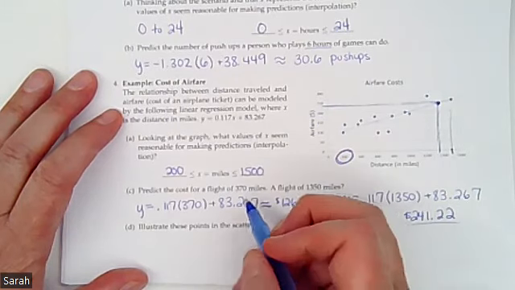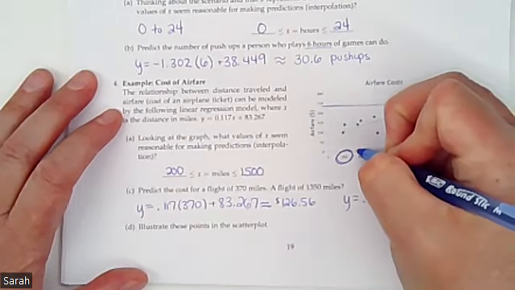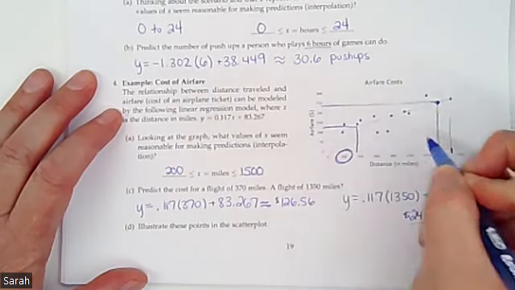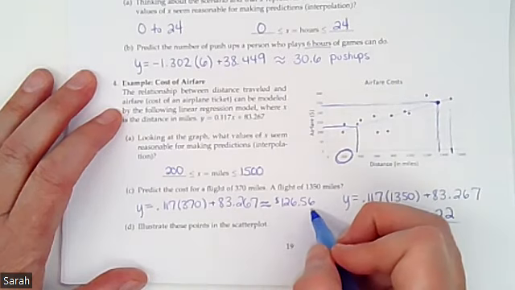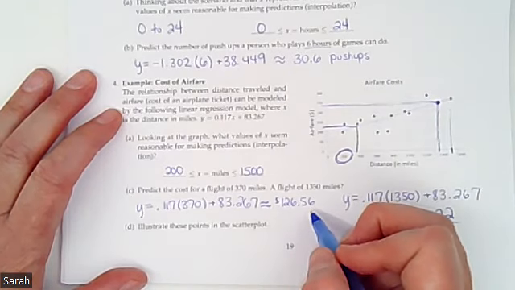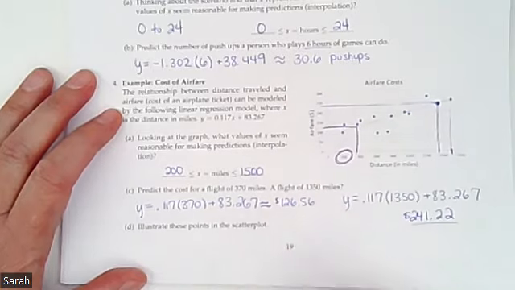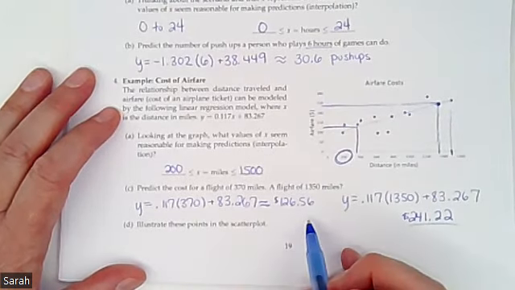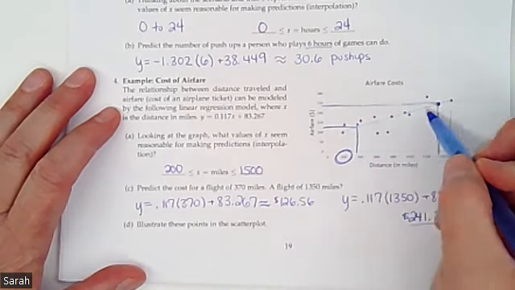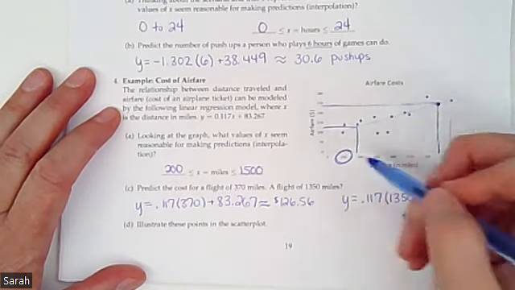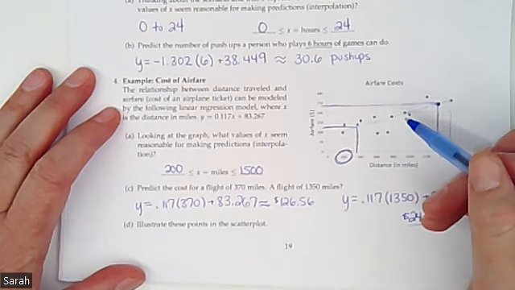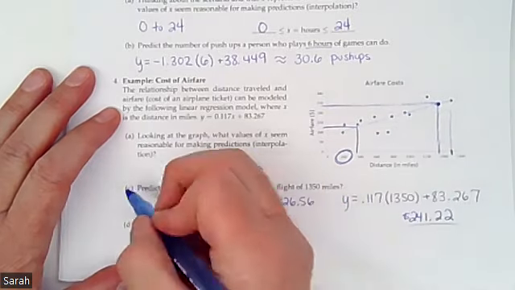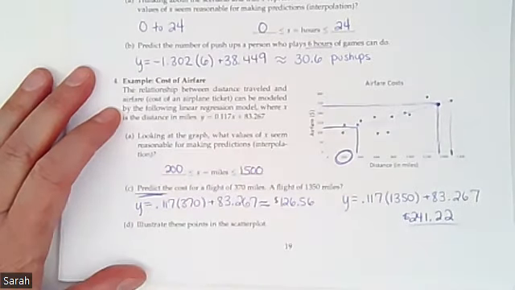And this one that's 370 miles is probably about here, and we got a value of $126.56, which is exactly where that looks like it falls. Anytime you're making a predicted value, it's going to fall exactly on the line. Your data points will be all over the place; some might be on the line, some won't. But a predicted value is always going to be sitting right on the line.